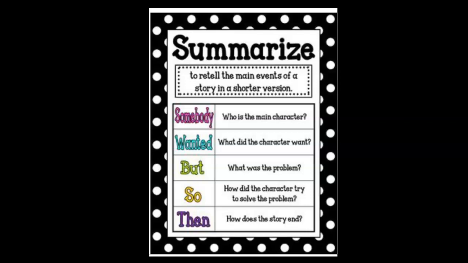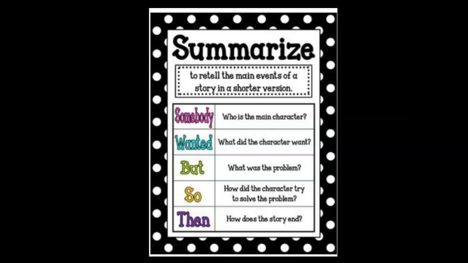This should take up the whole workbook page. You will upload that in the next part of your activity for today. You will also listen to a story, and in your notebook, you will copy down the graphic organizer, fill out the somebody wanted but so then in your notebook, and write a summary.